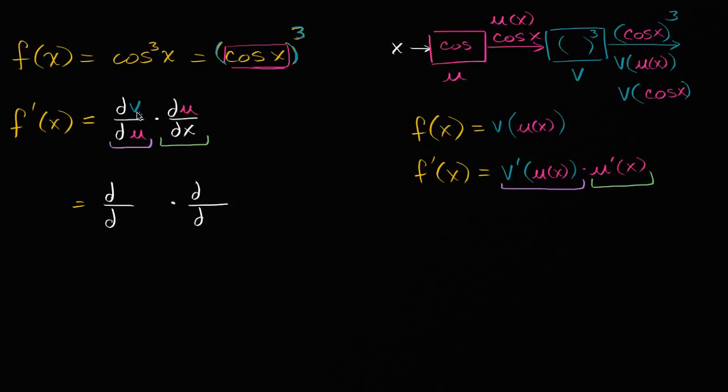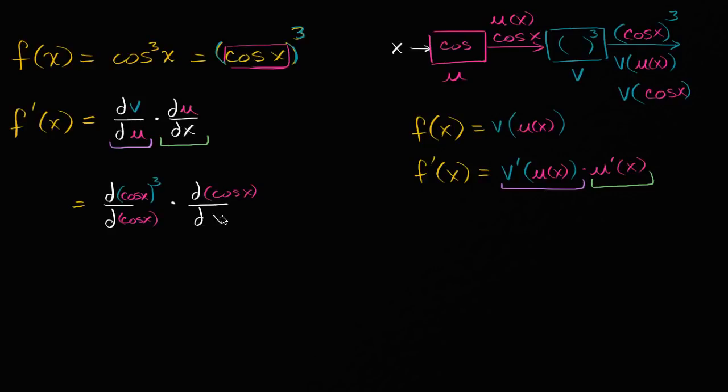So we're going to first take the derivative of v. Well, v is cosine of x to the third power. We're going to take the derivative of that with respect to u, which is just cosine of x. And we're going to multiply that times the derivative of u, which is cosine of x, with respect to x.